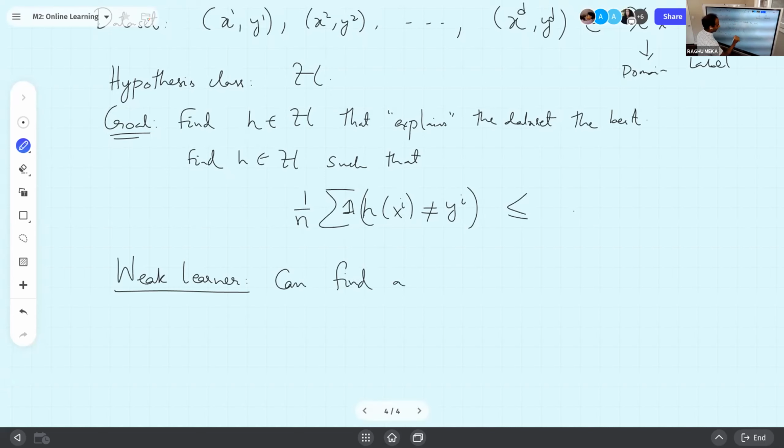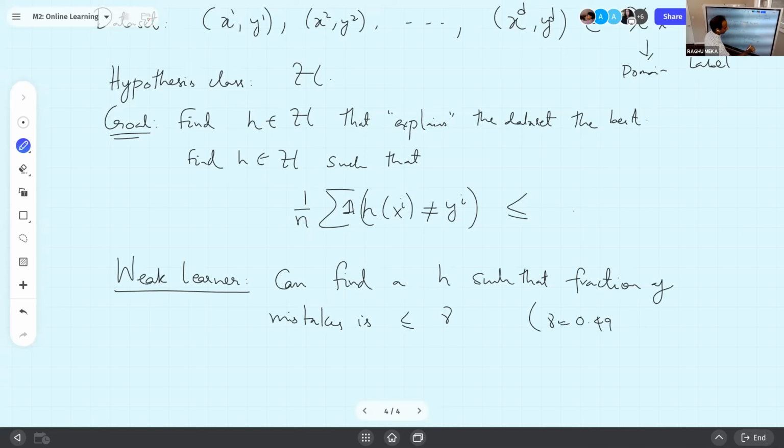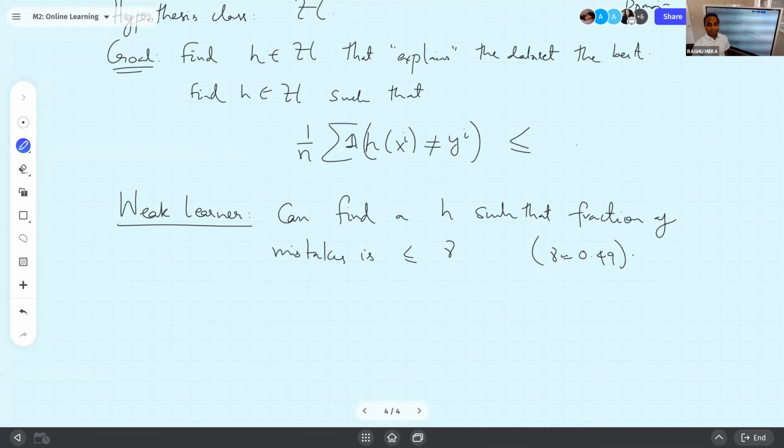You can find an h such that the fraction of mistakes is, let's say, less than or equal to gamma. Think of gamma as something like 0.49. Okay, so I'm correct on 51% of the samples.